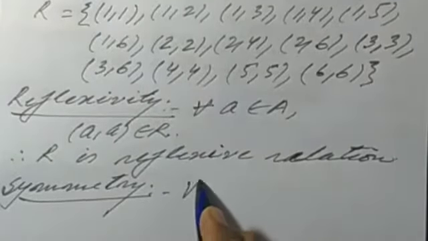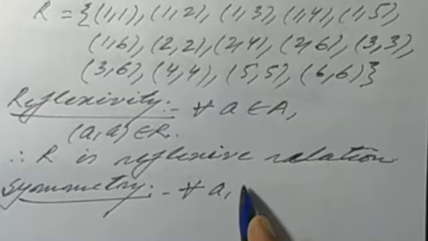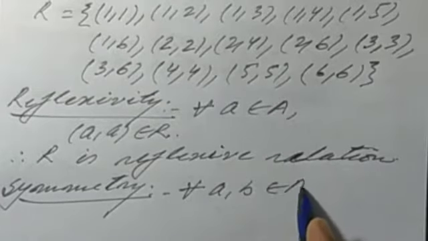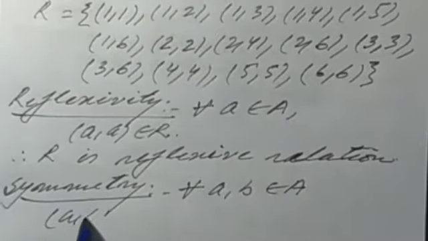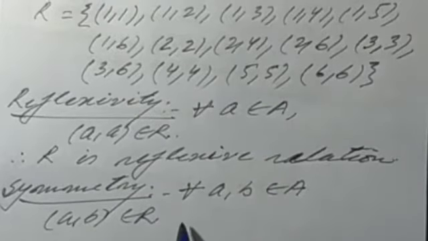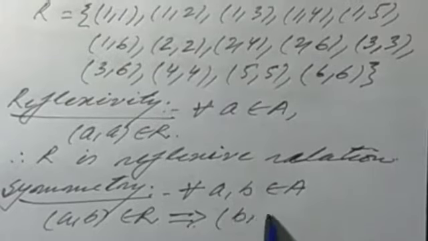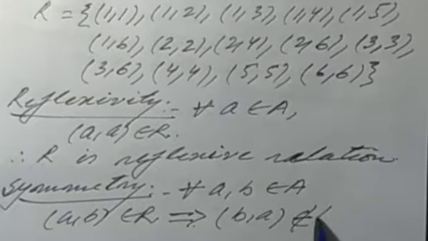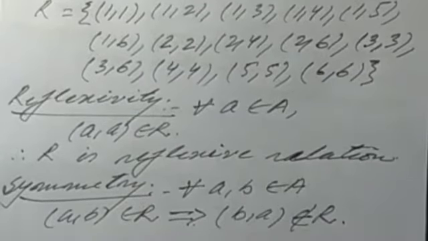So in general, we may say that (a, b) belongs to R implies that (b, a) does not belong to R. So R is not symmetric.